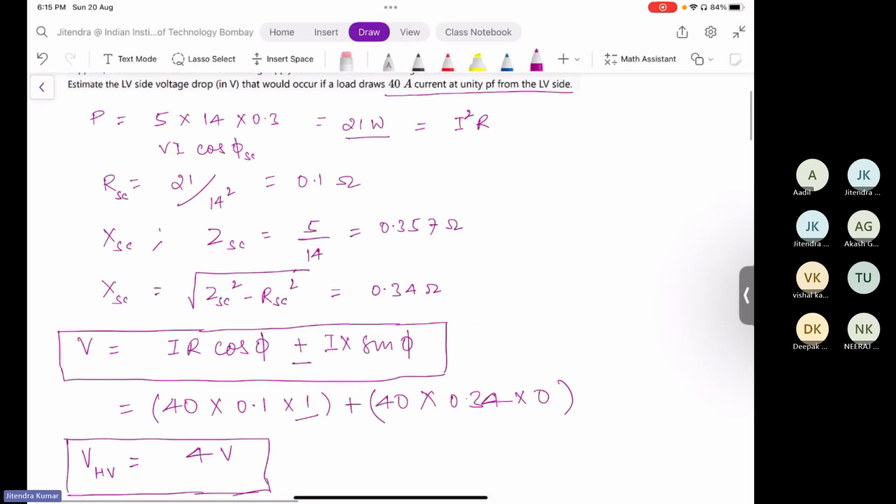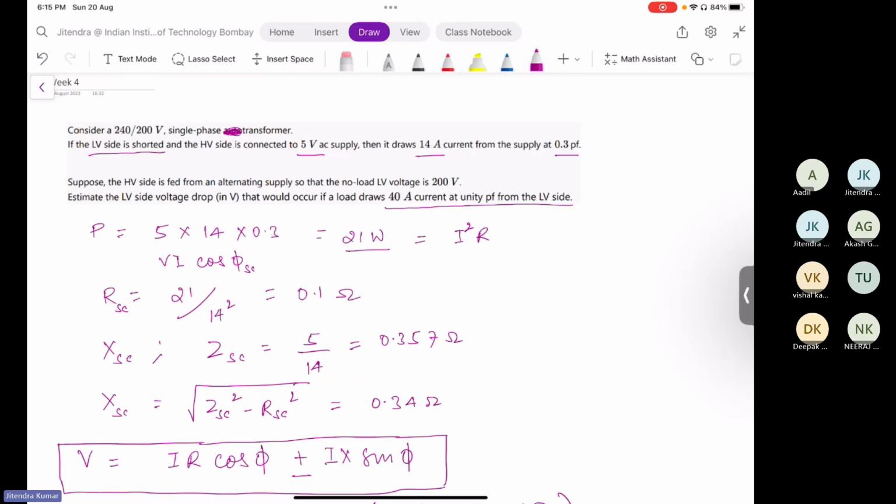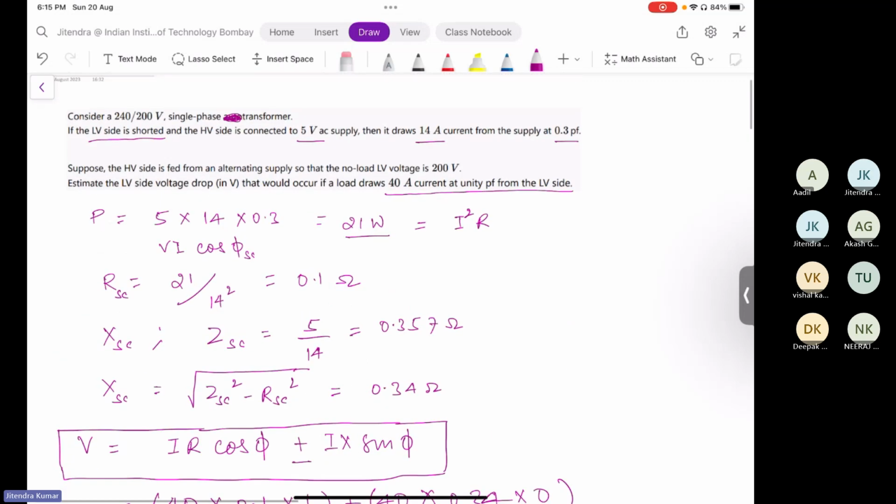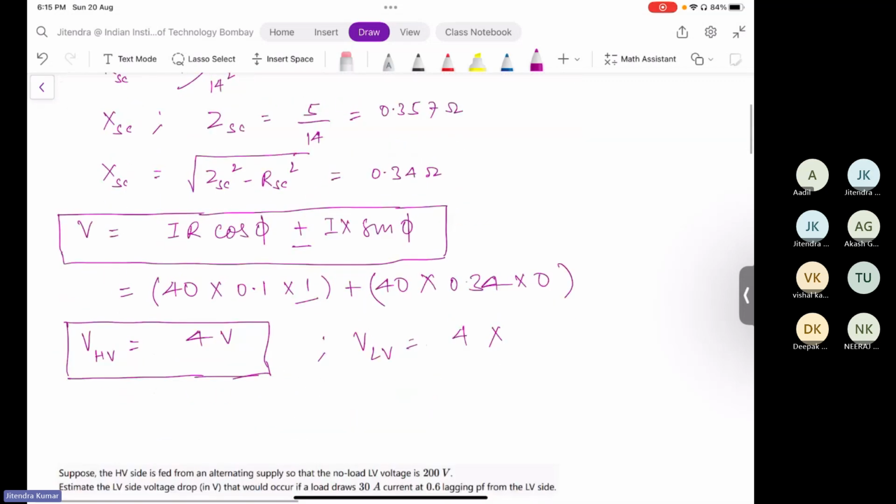Now we need to compute the drop on the LV side. So let me transform it. 4 into the ratio, given as 240 divided by 200, so 4 into 200 divided by 240.